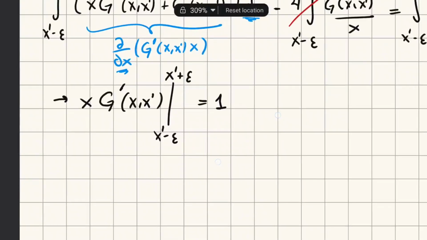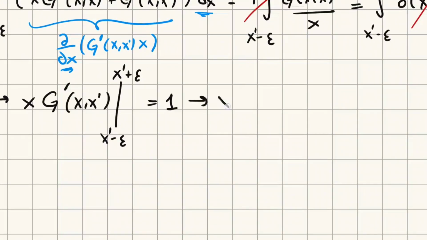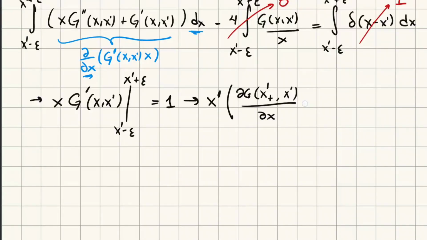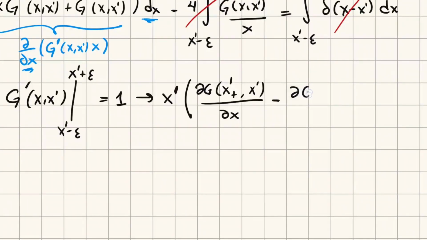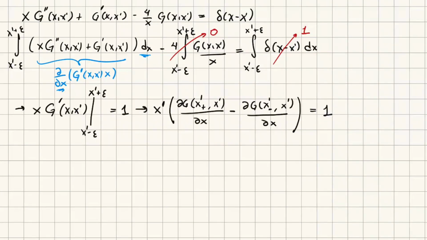Okay. So this will be equivalent to say that x prime multiplies the derivative of g evaluated at x prime from the right, like this, and then minus the derivative of g evaluated at x prime from the left of x prime here. The derivative is with respect to x, and then this is equal to 1.